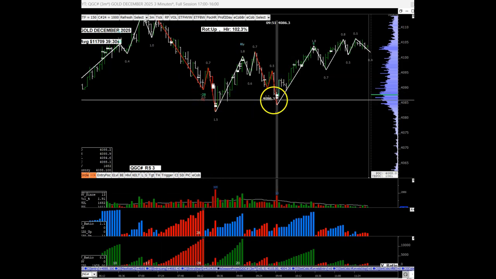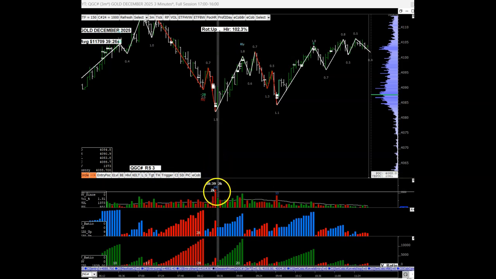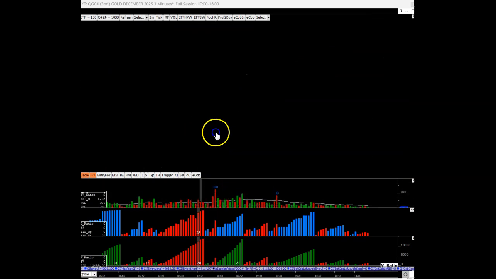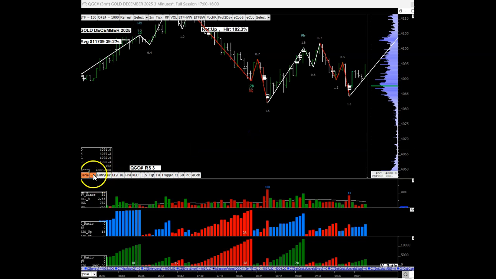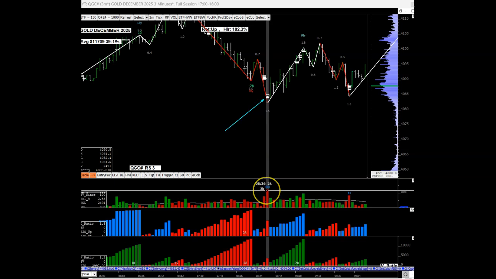Now I didn't catch this, but if I was looking at it, I would ask myself, why is it that this bar has the biggest volume in 100 bars?